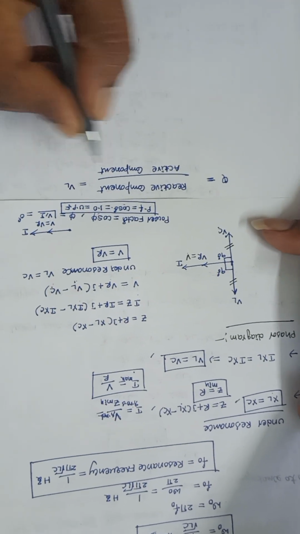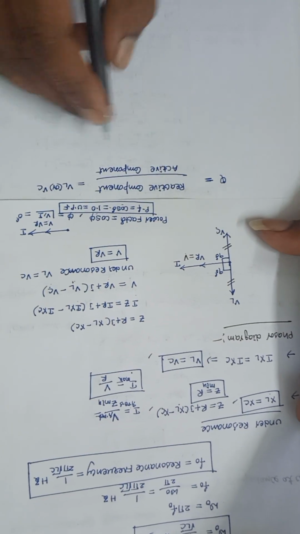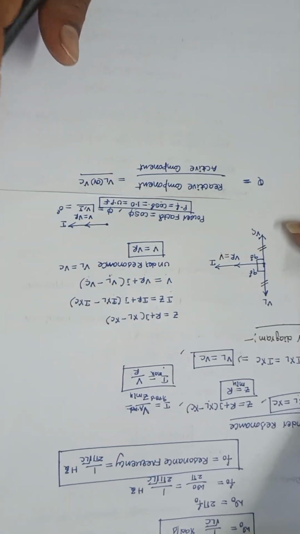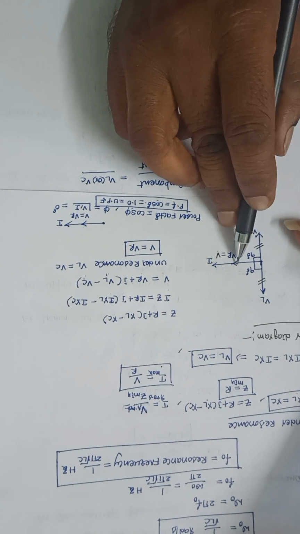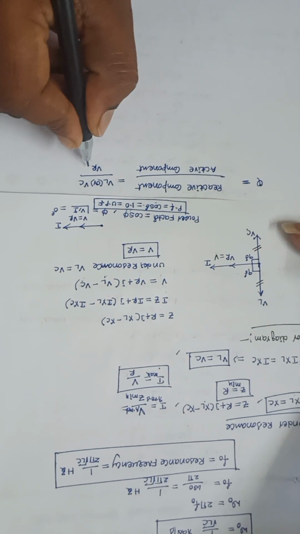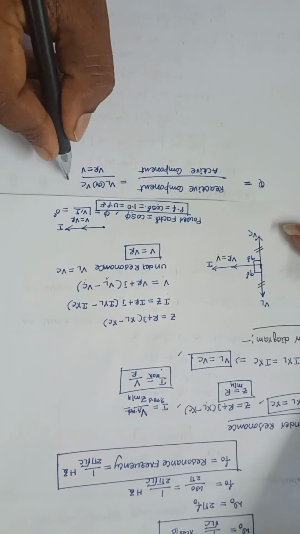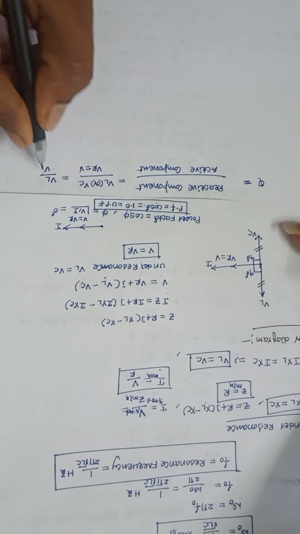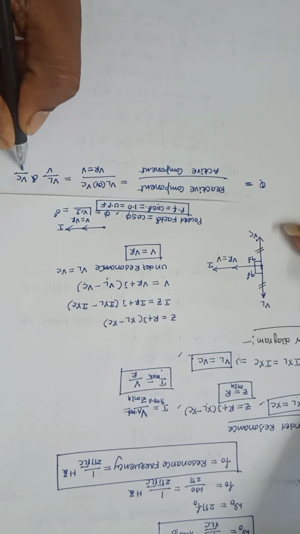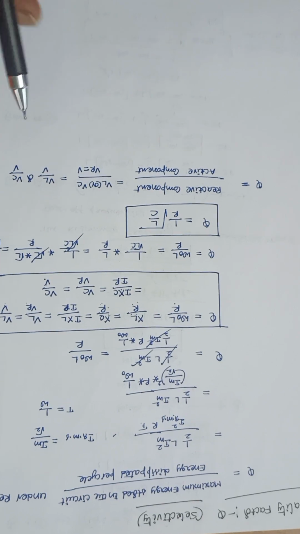Both are the same here, VL is equal to VC under resonance. The active component is VR or V. Both are the same here. That means I can write it as VL by V or VC by V, the same thing I wrote here.